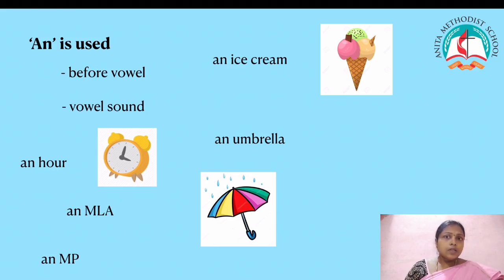So pronounce MLA. Here MLA gives you the M vowel sound. So we have to use an before a vowel sound. Again I'll repeat, an is used before a vowel, and an is also used before a vowel sound. Children, are you clear with indefinite articles, where to use a and an?